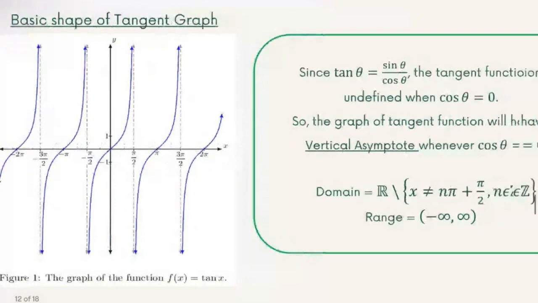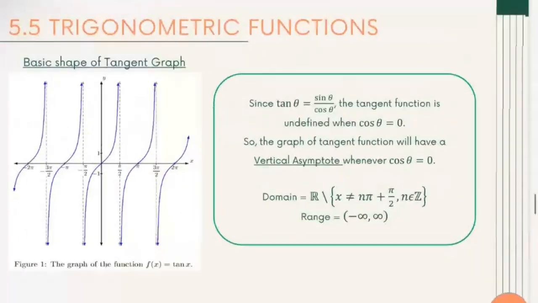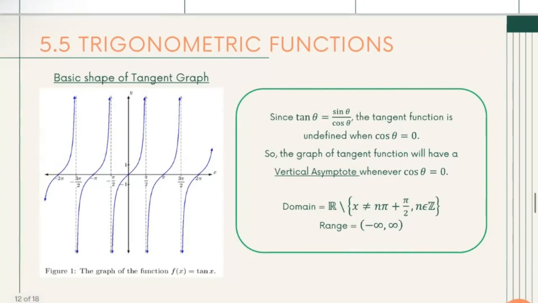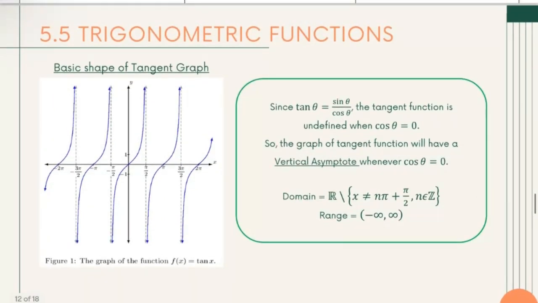Okay, so untuk tangent ini, since tangent terhasil daripada sin over cos, so the tangent function will be undefined whenever cos equals to 0. So kalau cos theta kita sama dengan kosong, dekat situlah kita akan ada vertical asymptote sebenarnya.